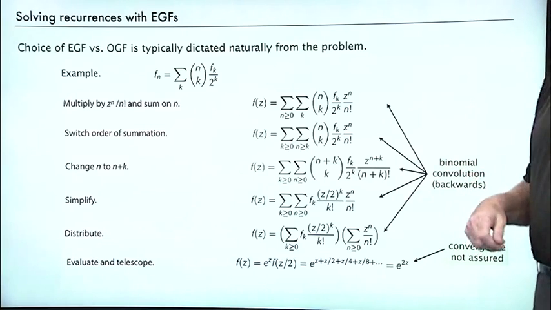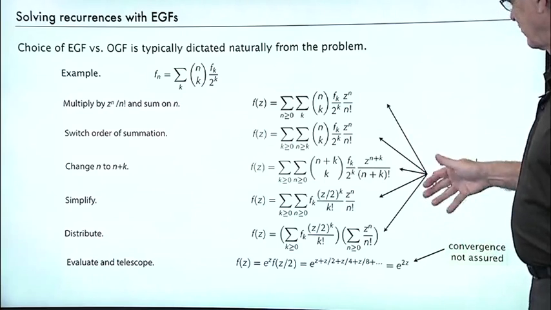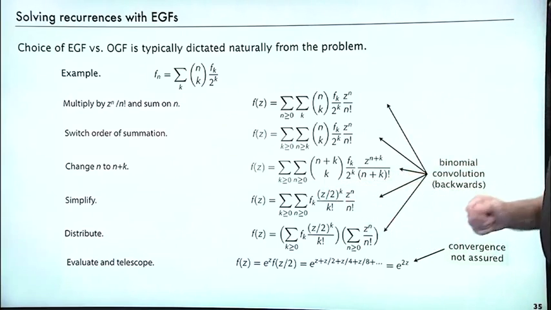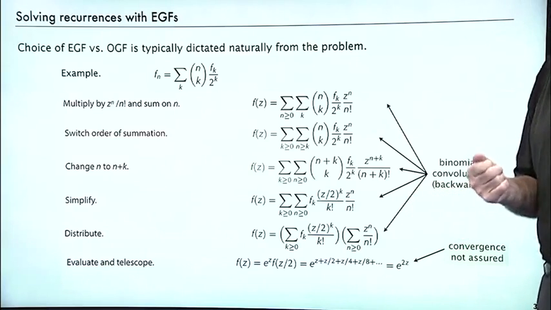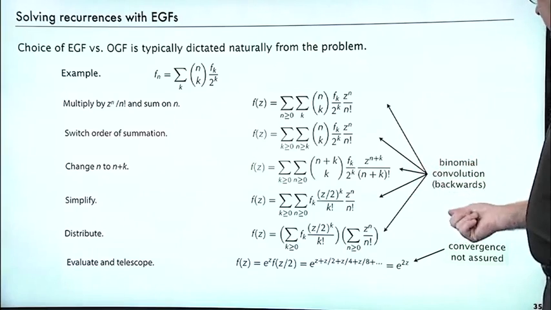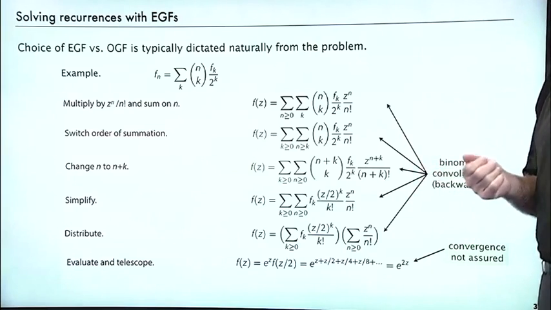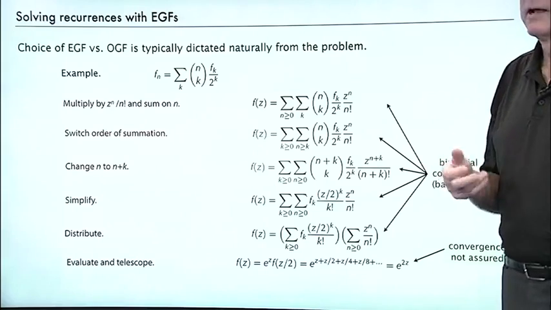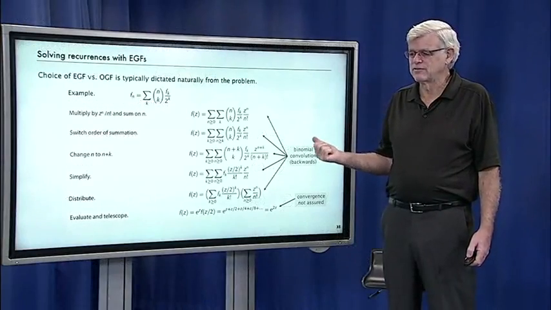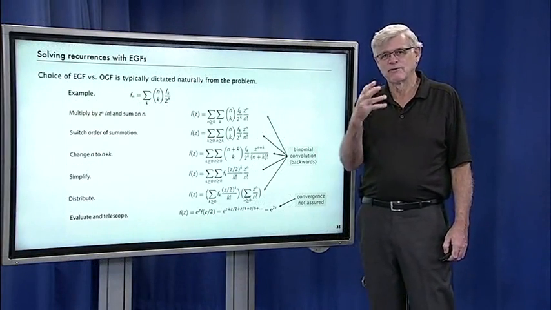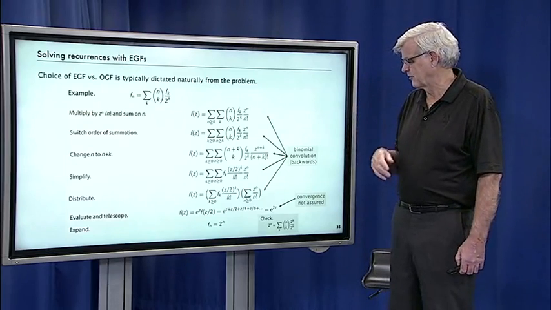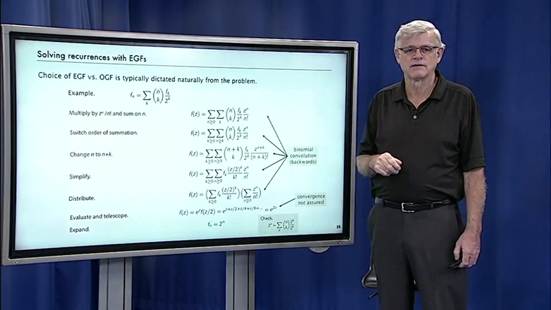It's not necessarily true that it converges, but let's not worry about that just now and work with the idea that we've shown that f of z equals e to the 2z. And what's that? What's e to the 2z, the exponential generating function for? That was one of the first examples that we looked at. It just says that F_n equals 2 to the n.